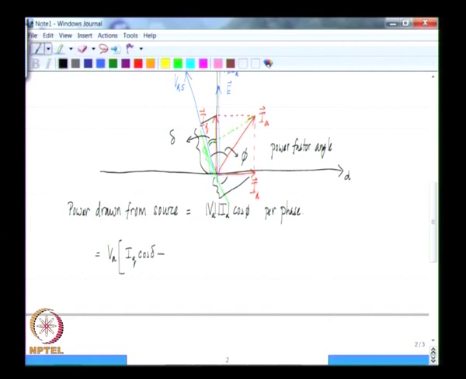So, this angle is what we need to find, and that angle is 90 minus delta. So, ID into cos of 90 minus delta, that is sin delta. So, VA into IA cos phi can alternatively be written as VA into IQ cos delta minus ID sin delta.